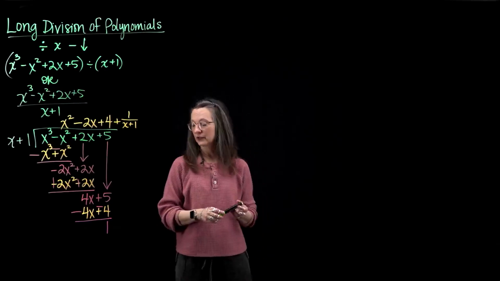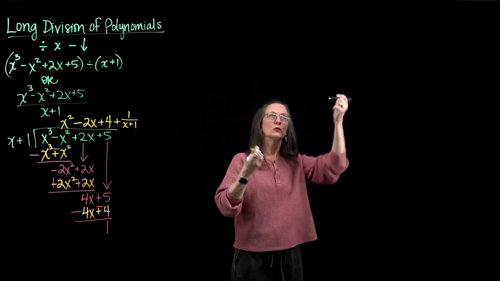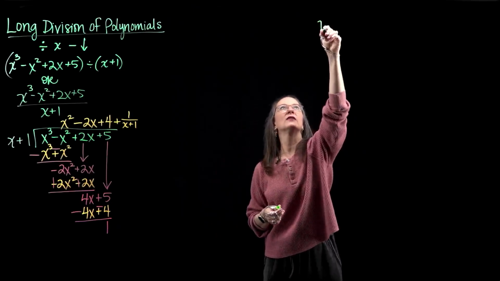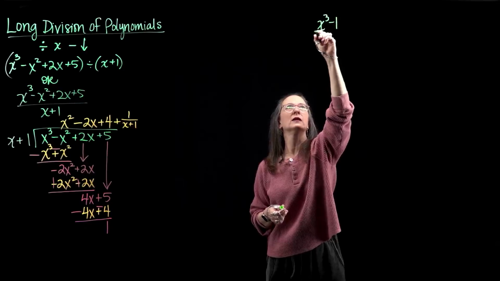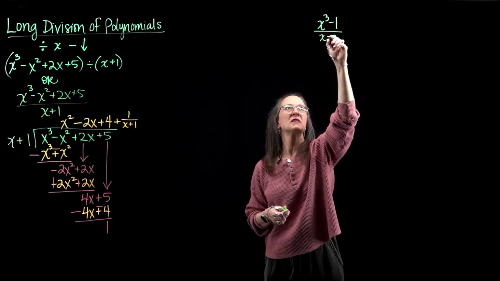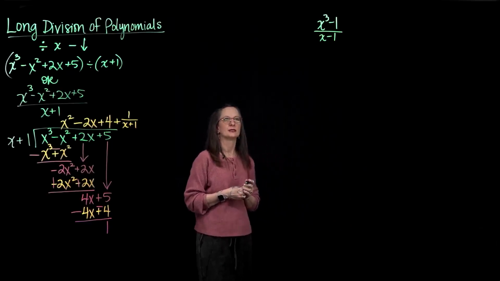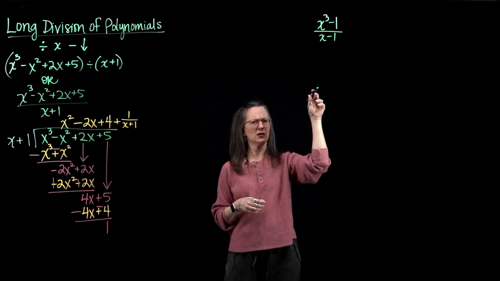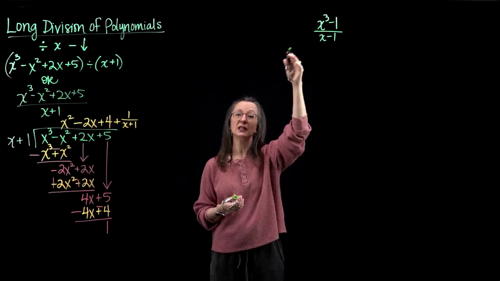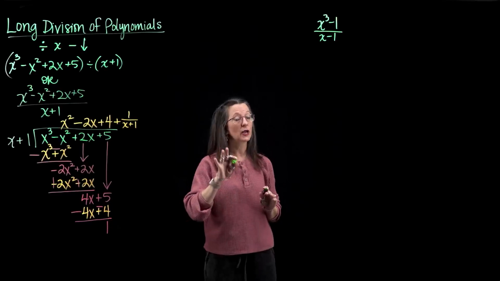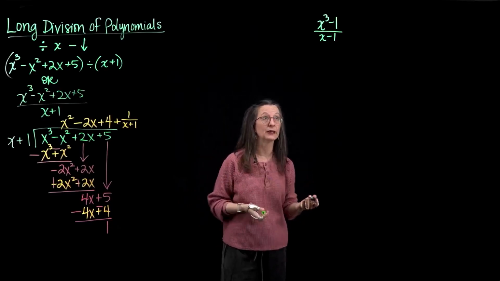Sometimes we don't have all the terms represented. So let's say we had a problem of x cubed minus 1 divided by x minus 1. We don't have an x squared or an x term represented in that numerator. That's okay, but we do have to add a placeholder for them.